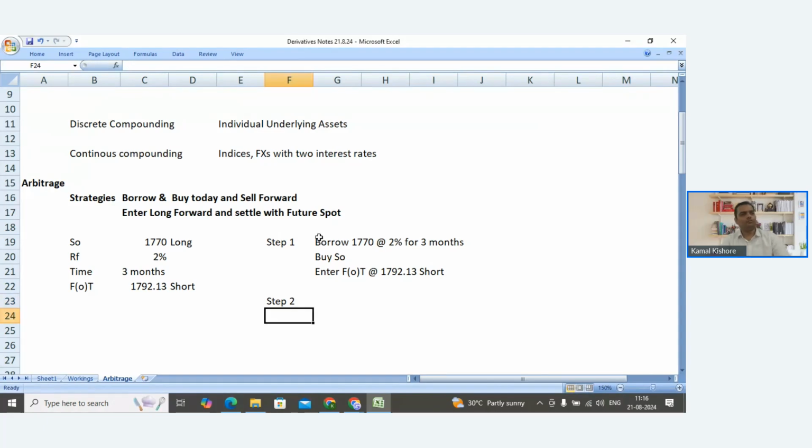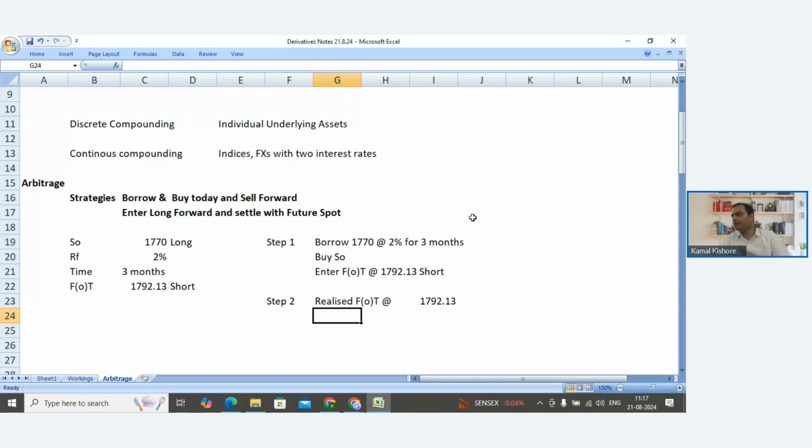Step 2, that is after 3 months. What happens after 3 months? Realize the forward at 1792.13, you will receive.